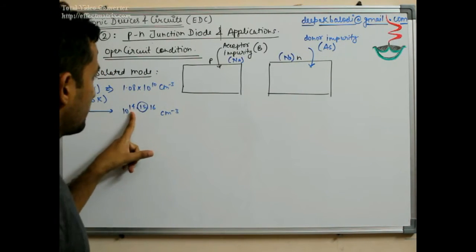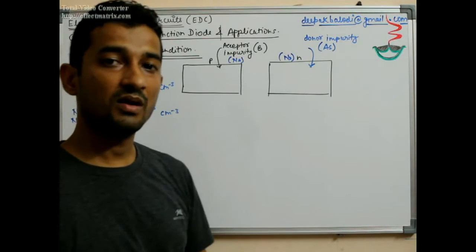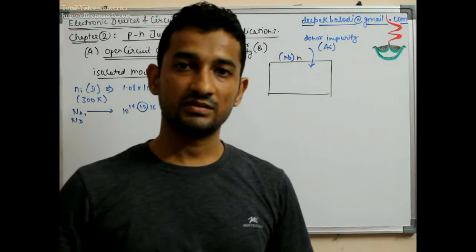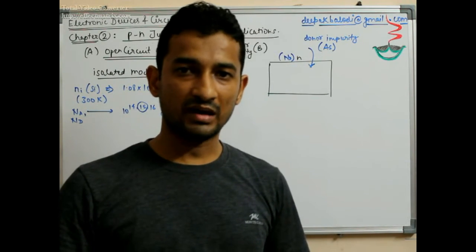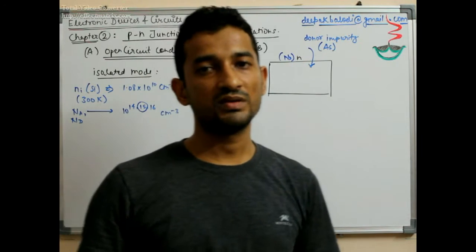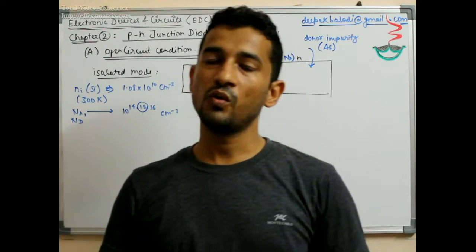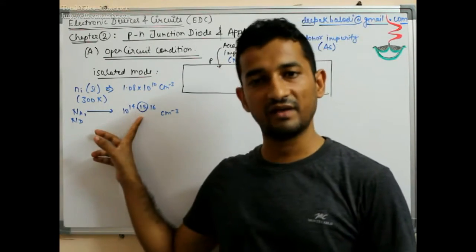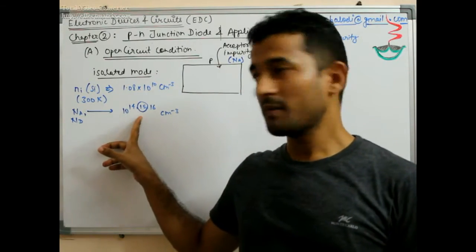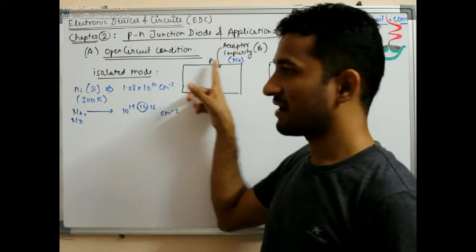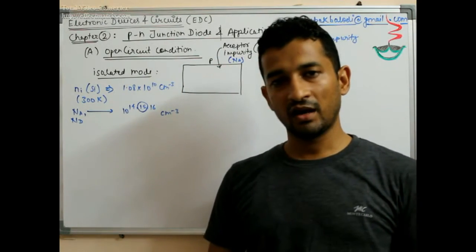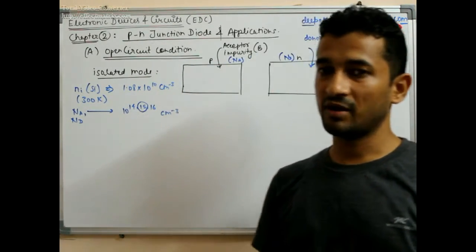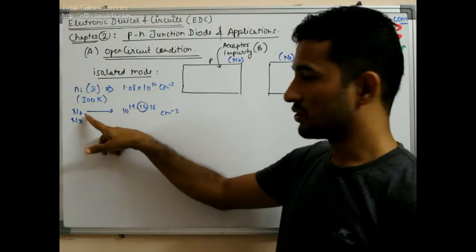So when we insert 10 to the power 15 free carriers in addition to the 10 to the power 10, it is such a high number that it overshadows it and makes the effective number 10 to the power 15 only. So the effective number of free carriers on the P side is almost equal to Na.